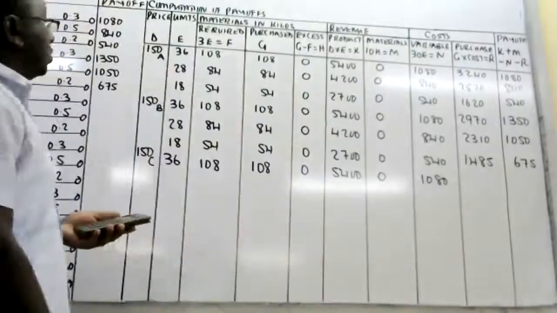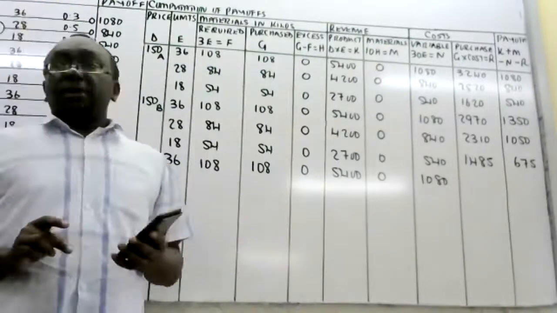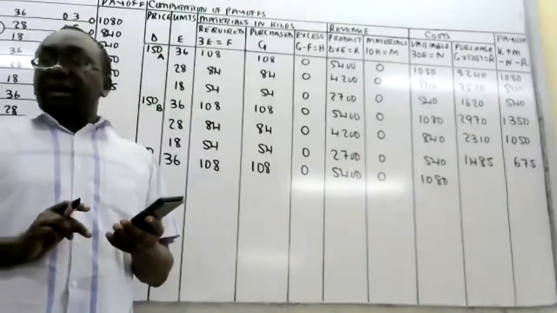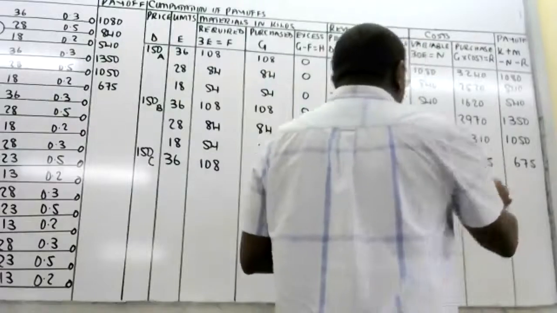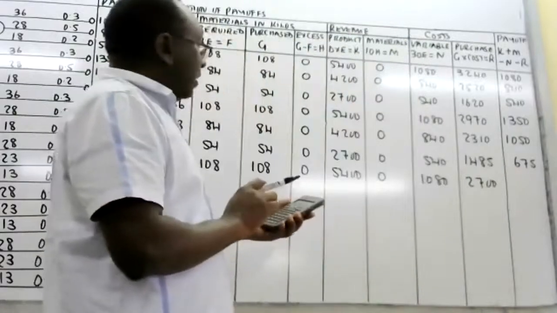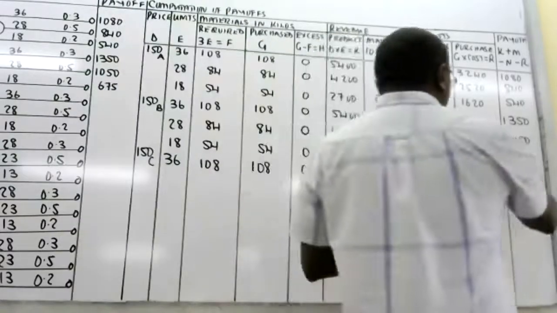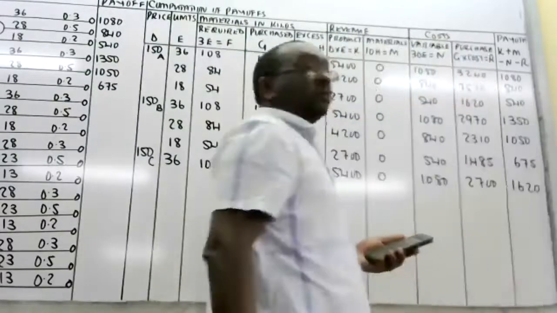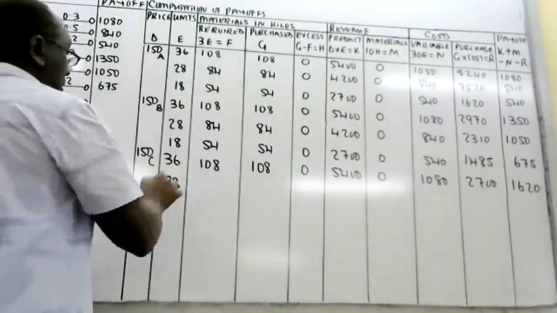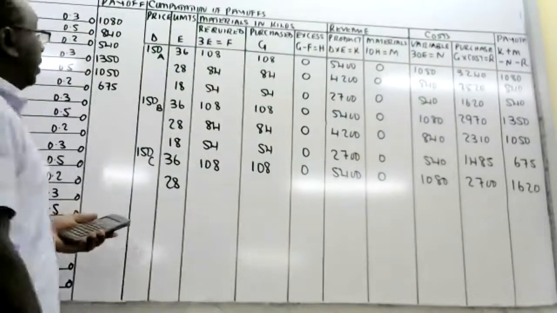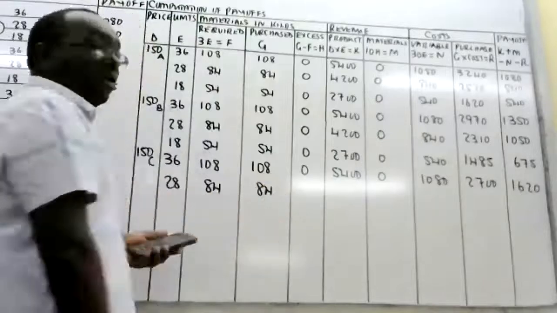And then the purchase cost now is 108 times 25. They're selling to us at 25. So times 25, that gives us 2,700. So 5,400 minus 1080 minus 2,700 is 1620. Then at 28, we have 84. We'll still buy 84 because it's more than 70.